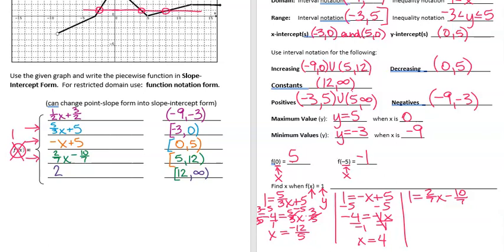This 1 can be written as 1/1 or 2/2 or 3/3. I'm going to turn it into 7/7, because the first step would be to add the constant. So 7/7 plus 10/7 is 17/7.